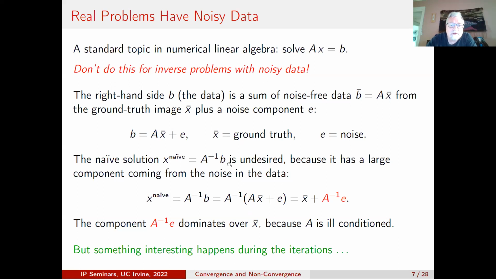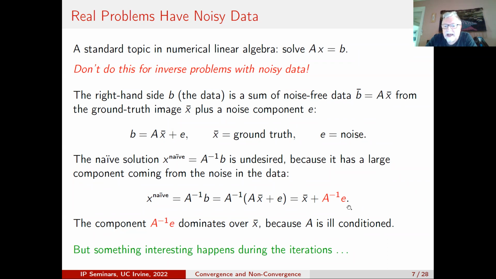So if we compute what I call the naive solution right there, well, what happens? You do A inverse times the noisy data. You plug in the noisy data is of this form here, and then you see the naive solution is actually the exact solution plus this term here, which I call the inverted noise.